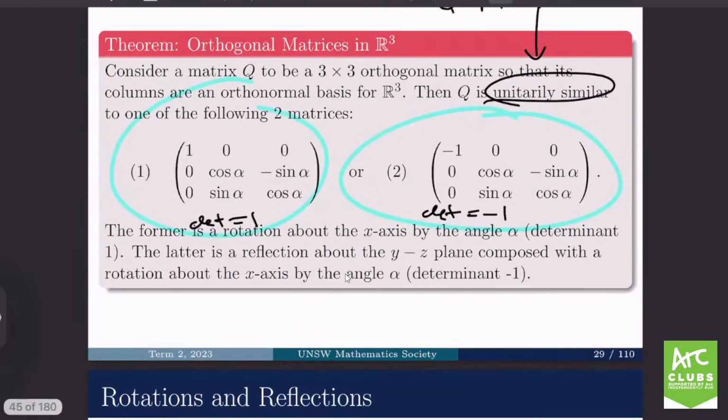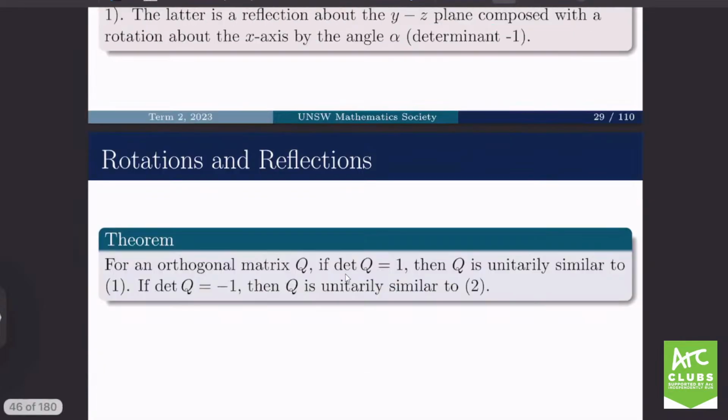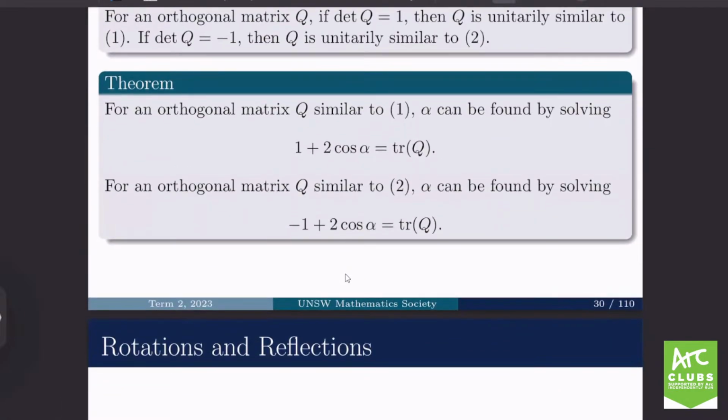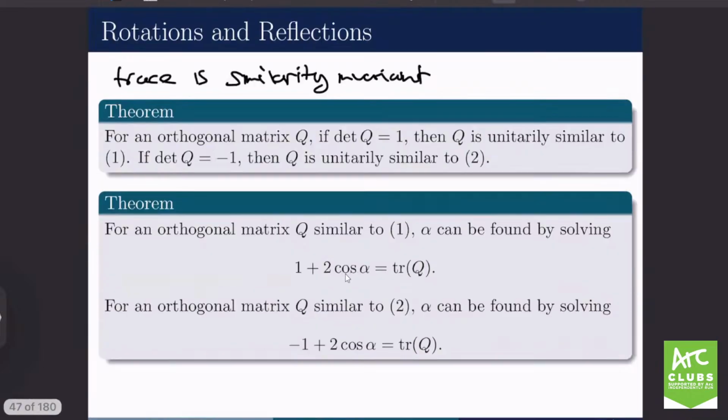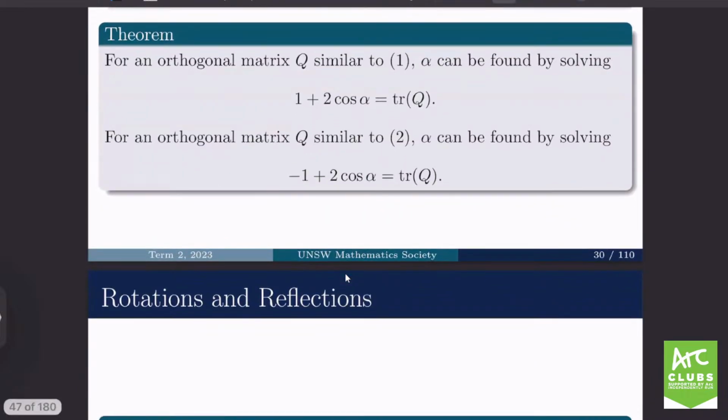So 1 plus 2 cos alpha, which is the trace, must equal the trace of our matrix Q, because that's the similarity invariant. And therefore, because alpha is the angle of rotation, 1 plus 2 cos alpha equals trace Q gives us the angle of rotation. It's very similar for the second one. In that case, it will be -1 plus 2 cos alpha. So we can find the angle of rotation by looking at the trace.